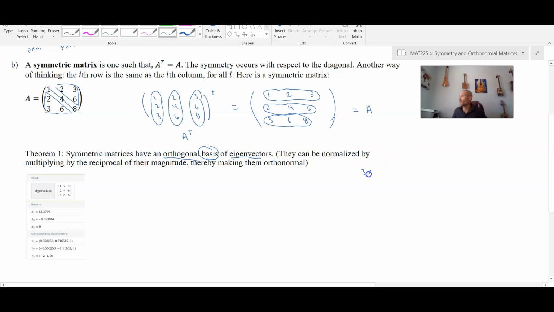So a 3 by 3 symmetric matrix would have 3 linearly independent eigenvectors.